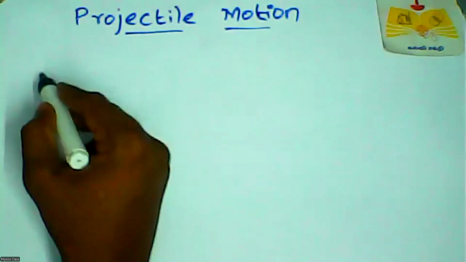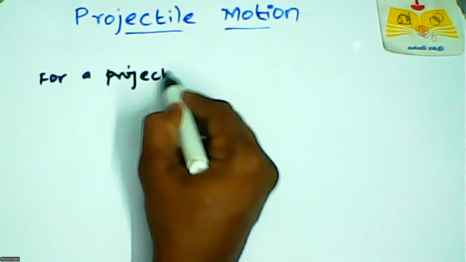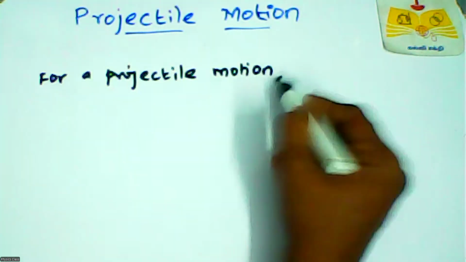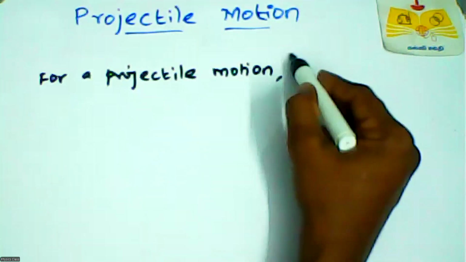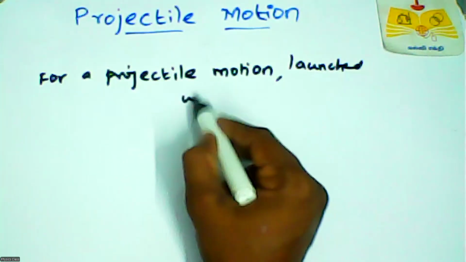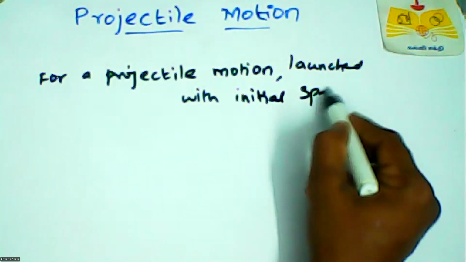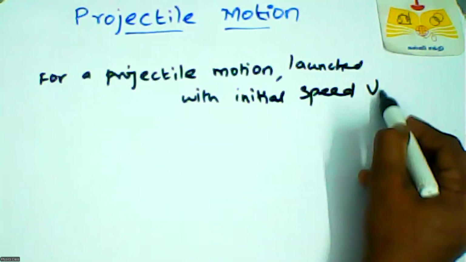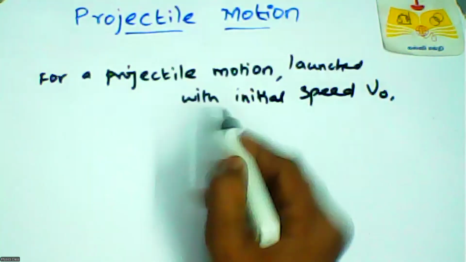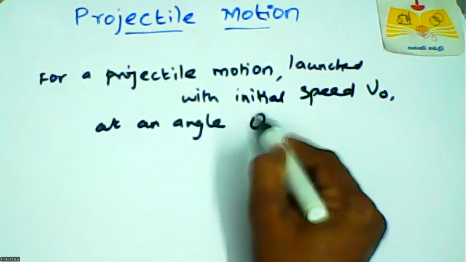So for a projectile launched with initial velocity V naught, at an angle theta naught.